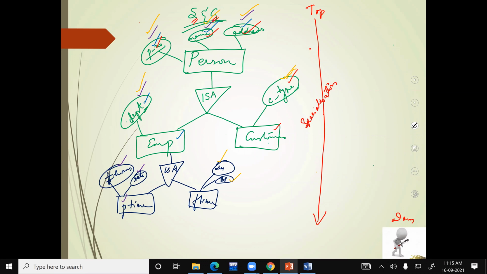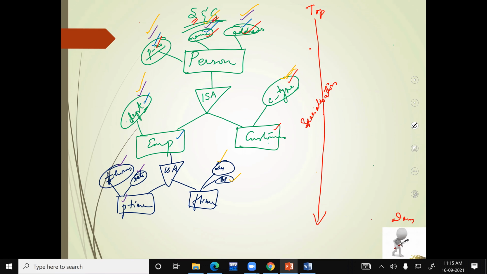Like, person is specialized into employees and customers. Employee is specialized into part-time, full-time. Just like, you can think about specialization as an MCA. You have a general MCA course and then you are specializing it into either programming, information security, or knowledge engineering.